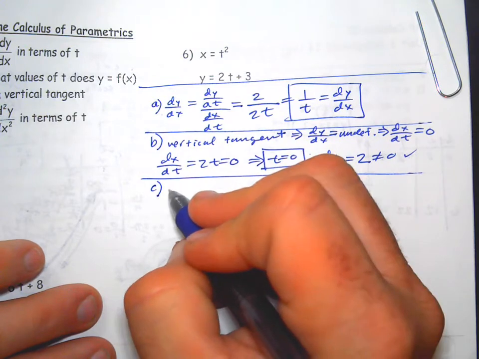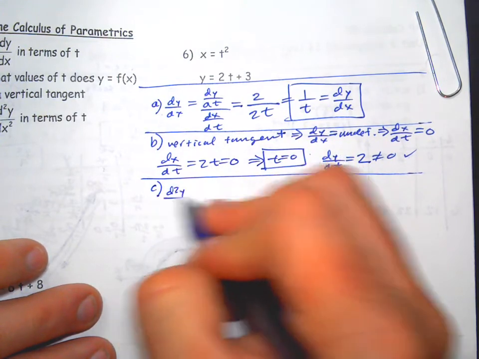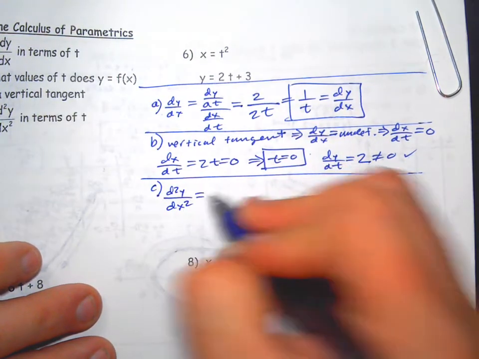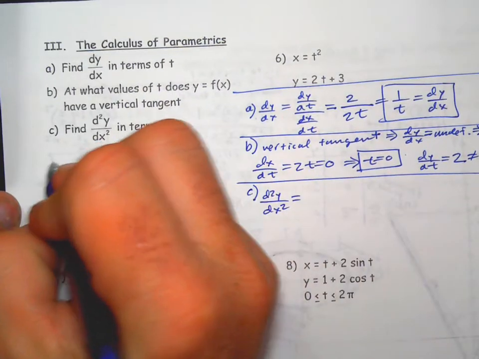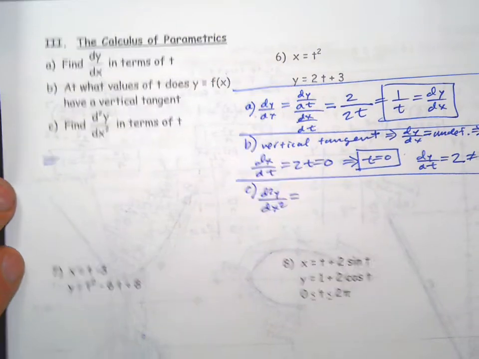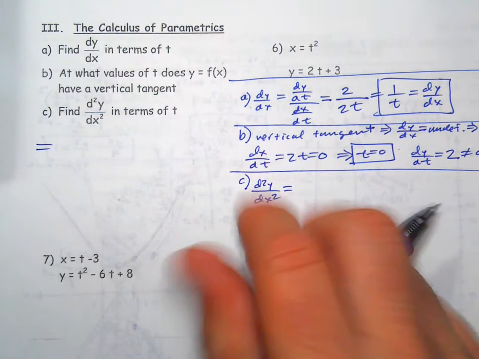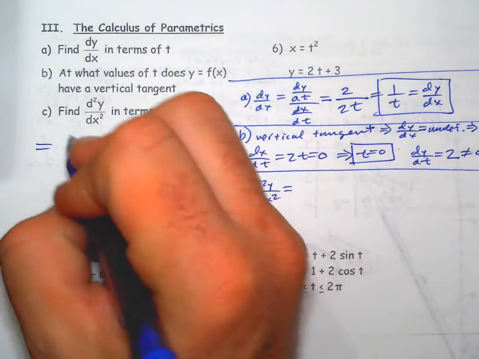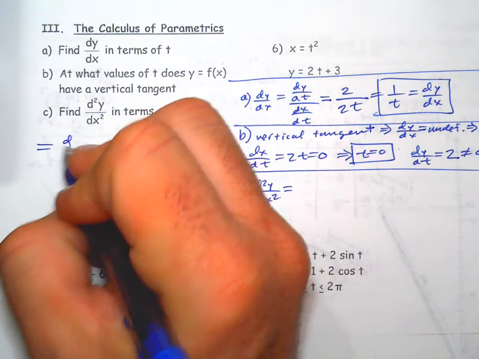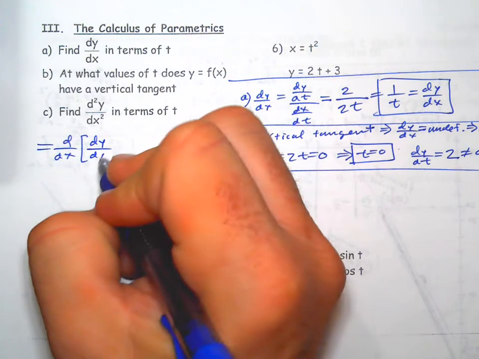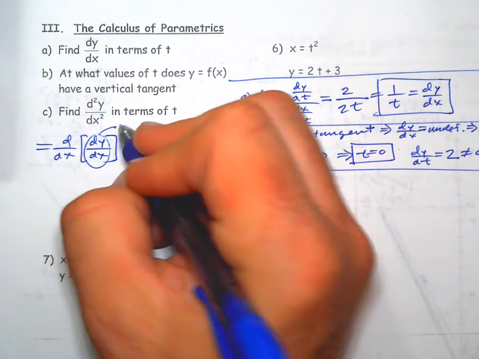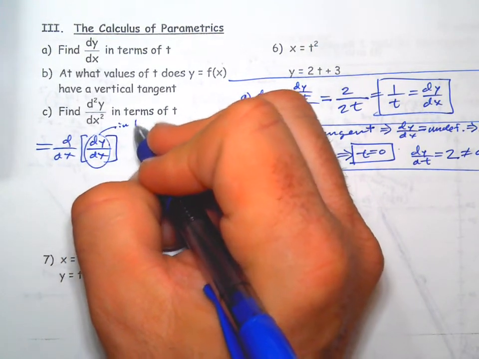C, we're looking for the second derivative. Now, the second derivative, the concavity, just to refresh your memory, which I feel like is a good skill, because trying to memorize this equation is too hard, I think. So we're trying to take the derivative of the first derivative, which is a very normal thing. The problem is that this is in terms of t.